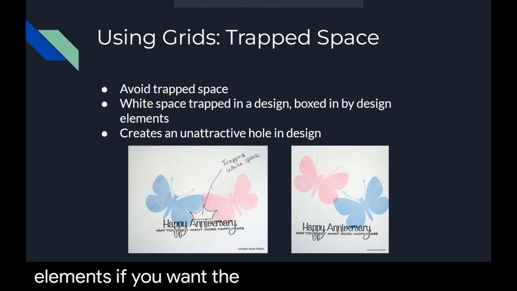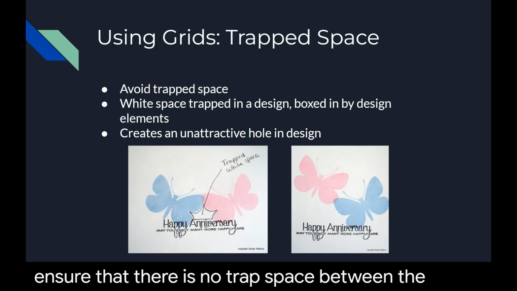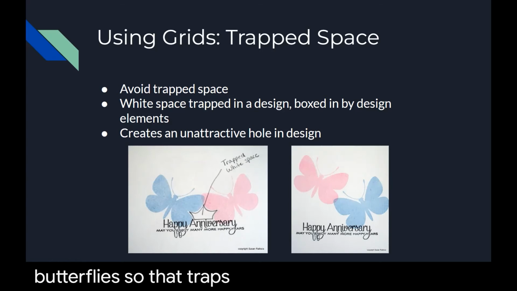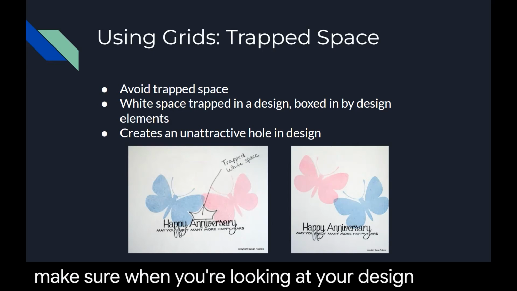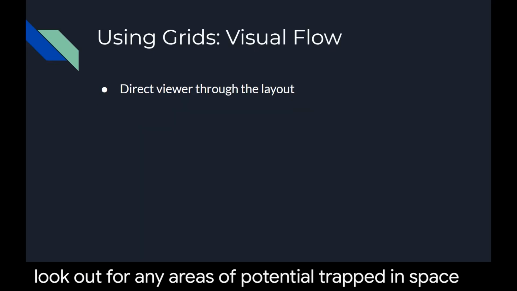If you want the flow and the organization of the design to sit better, then you need to use your space more effectively and ensure that there is no trapped space between the elements. So you can see that they broke out the two butterflies so that trapped space no longer exists. So make sure when you're looking at your design, you look out for any areas of potential trapped space.